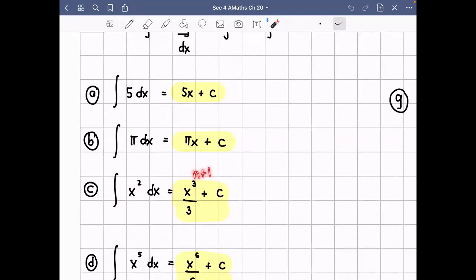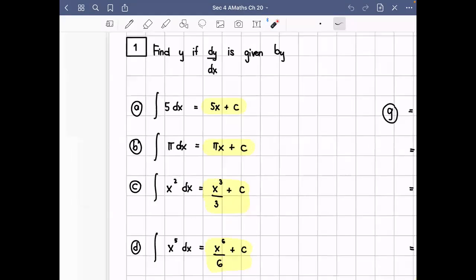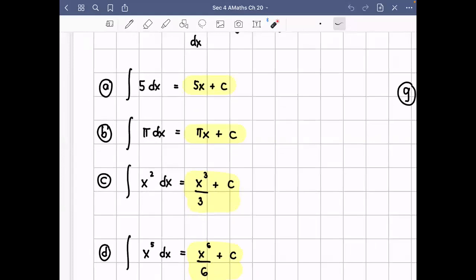That's why this is now 3. And then whatever your index is will be your denominator. That's why it's x cubed over 3 plus c. So that's your answer for letter C. Do you have any question, class? None? Okay, let's have letter D.